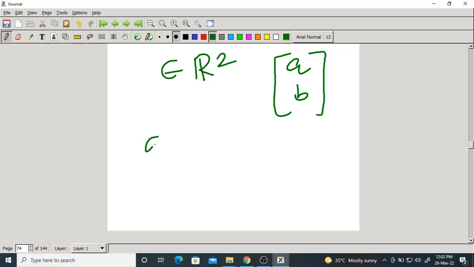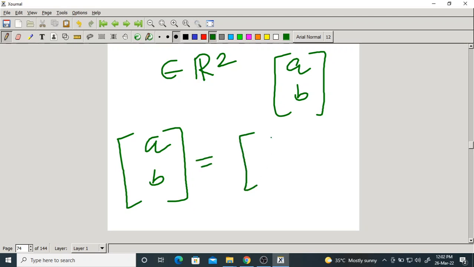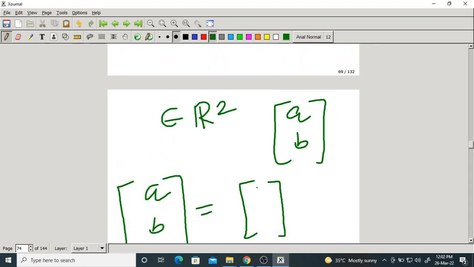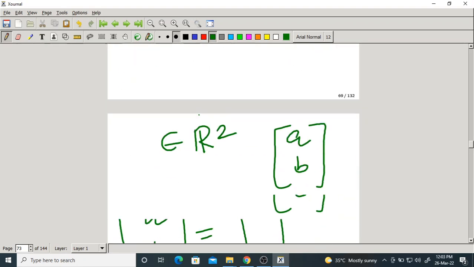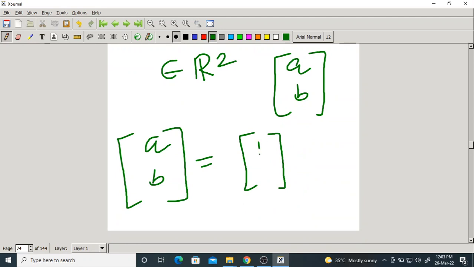Any random vector can be written as a linear combination of basis vectors. What are the basis vectors? 1, 0 and 0, 1.